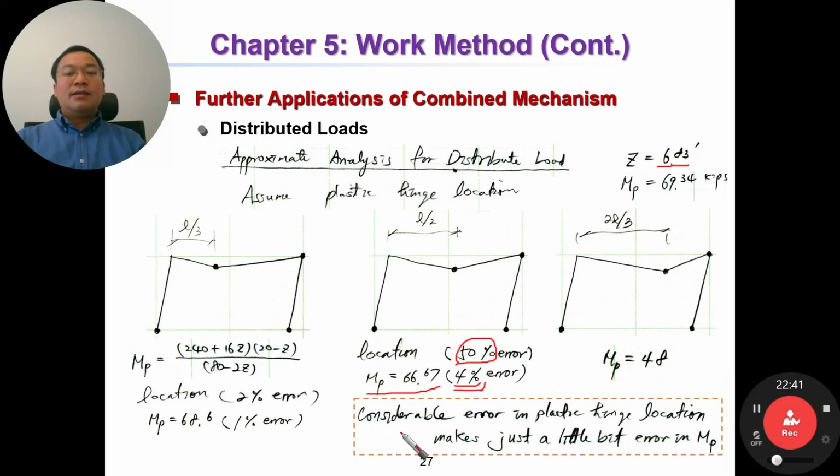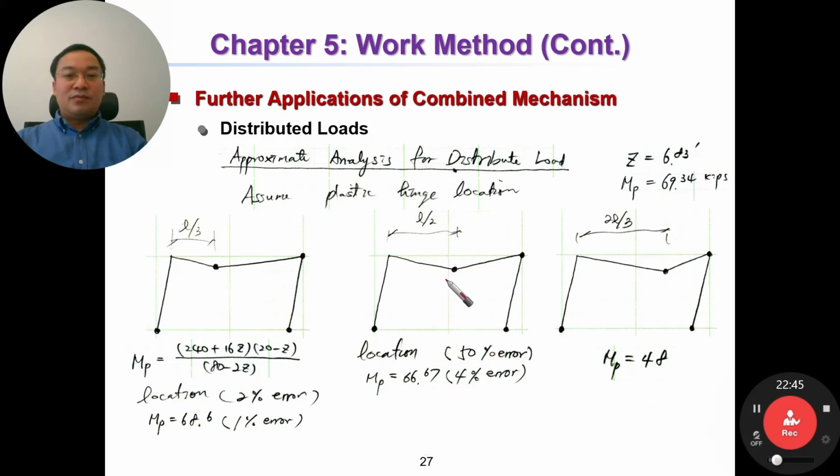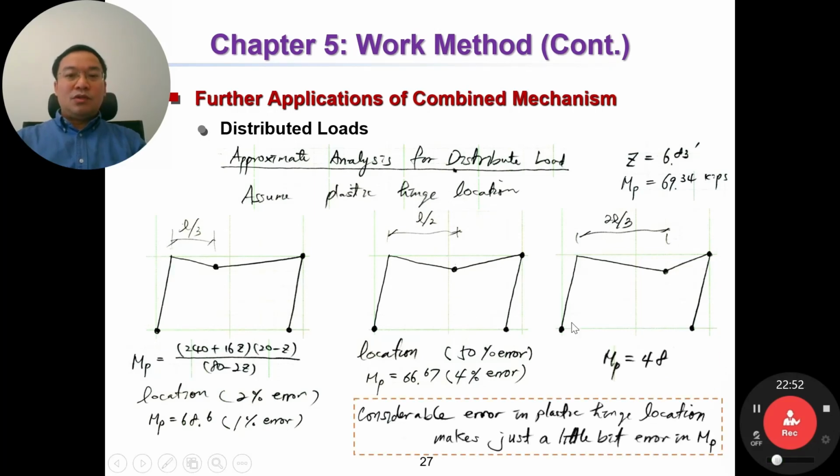Our assumption does not have much effect on the final result of the solution of MP. That is the conclusion. Compared with the correct solution, we show that there are not many errors.